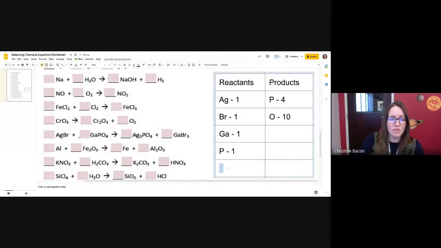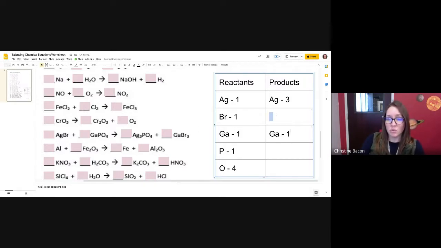And we have oxygen; there are 4 of those in the reactants. So we have 5 different elements represented in this equation. On our product side, we currently have 3 gold atoms. We have 2 gallium, and we just have 1.